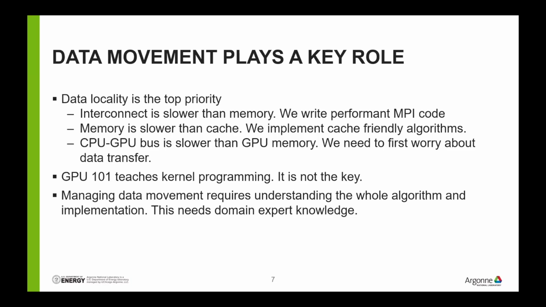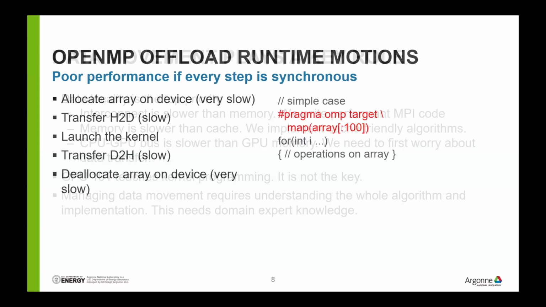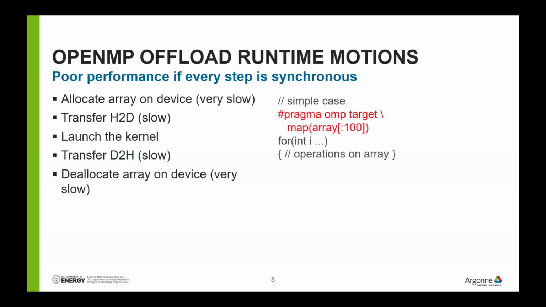And to design data movement, you have to wholly understand the whole algorithm implementation and bring in your domain expert knowledge. Okay, so here is a simple code example on the right side. You can simply write one line of OpenMP and get the for loop running on the GPU.